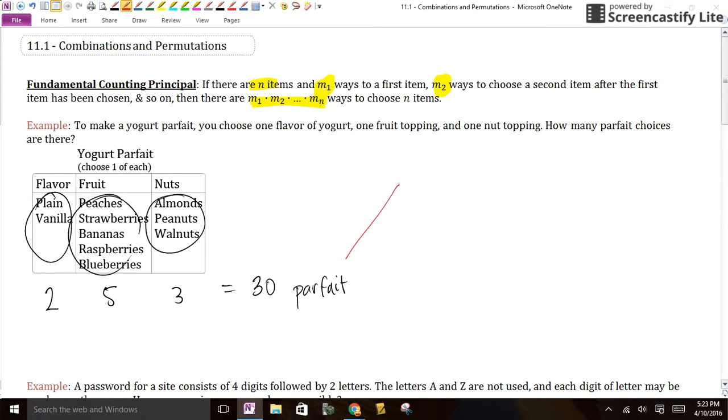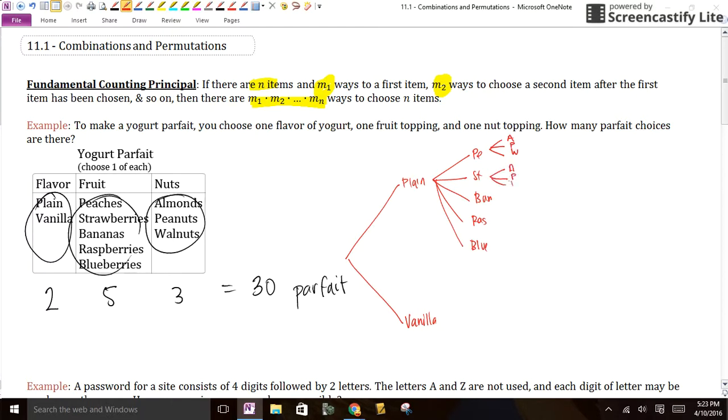You start off by picking either plain yogurt or vanilla, and then after you pick that, you have peaches, strawberries, bananas, raspberries, and blueberries. And then after you choose that, you have 3 different choices of nuts: almond, peanuts, or walnut.